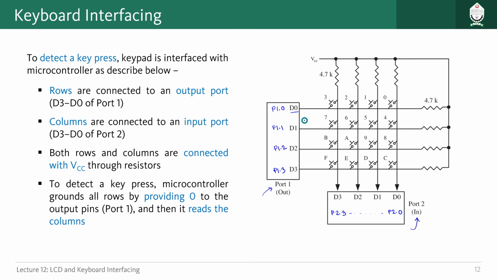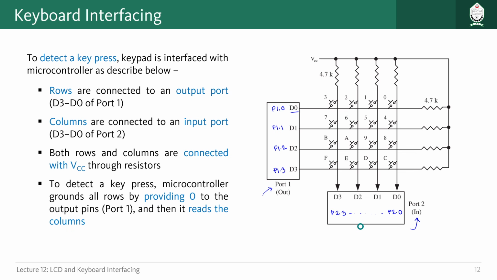So it will send some values to the rows, and based on that we are going to look at the values we are getting from the columns using port 2. Okay, so that is the idea. So initially, let us understand what happens.